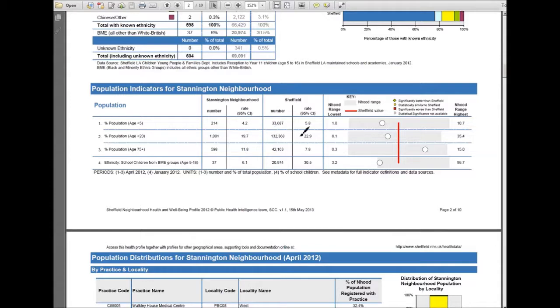The bit that the arrow is showing you there is the Stannington value as opposed to the Sheffield average value. There's the Sheffield average marker. All of these are scored in white because they haven't tested the statistical significance of these. And the grey represents the potential range of values across Sheffield.